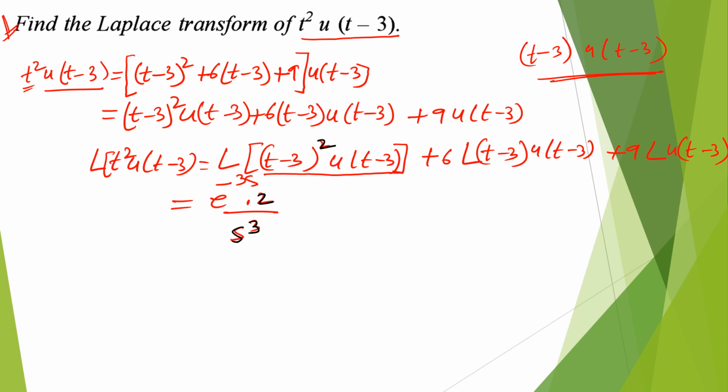Now for the second term, 6 Laplace of (t minus 3) u(t minus 3), we get e to the power minus 3s into 6 over s square, and for the last term we get 9 e to the power minus 3s over s.